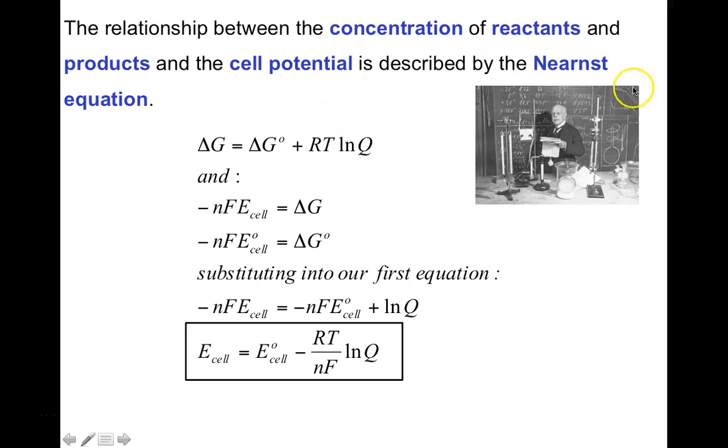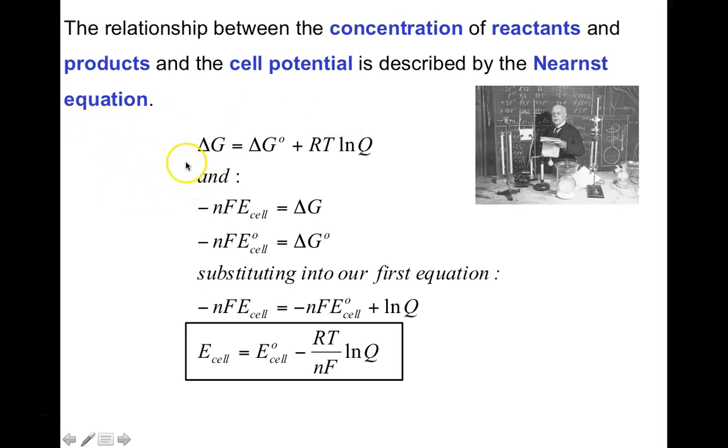So this man over here, Professor Nernst, determined the relationship between the concentration of reactants and products and the cell potential. In doing so, he formulated what is now known as the Nernst equation.